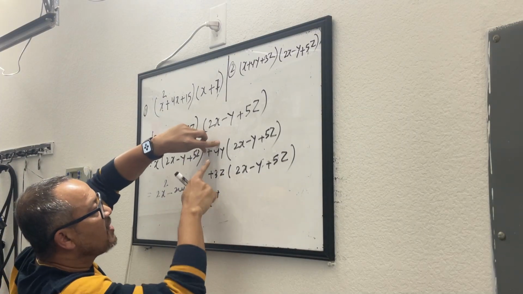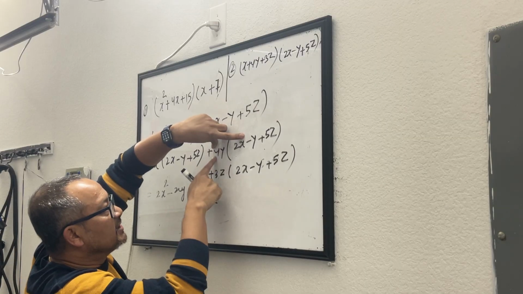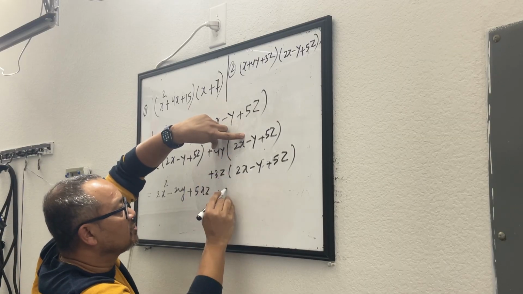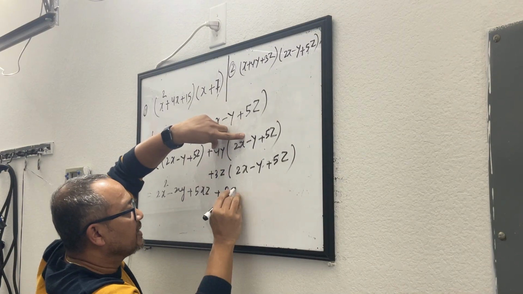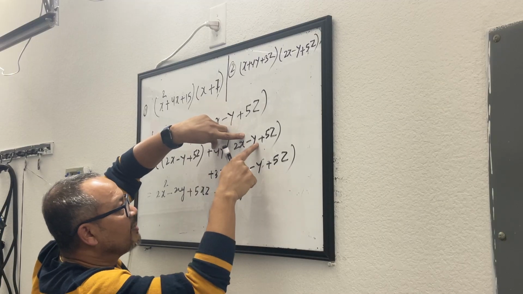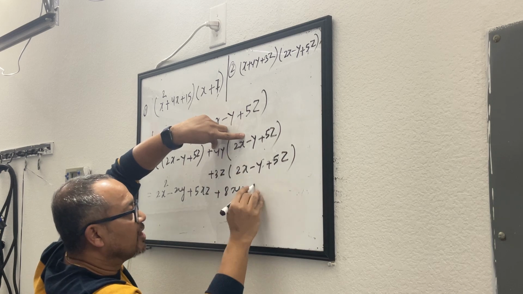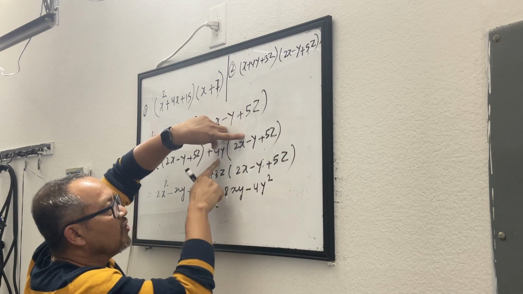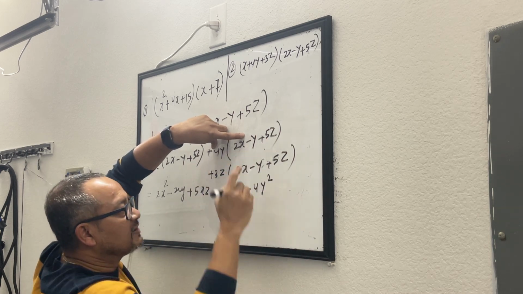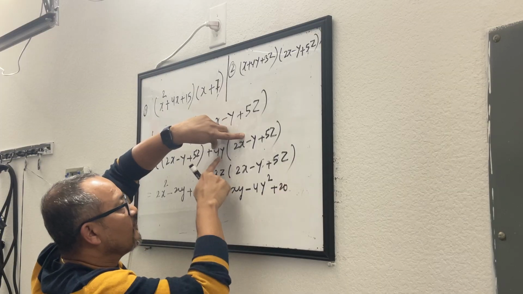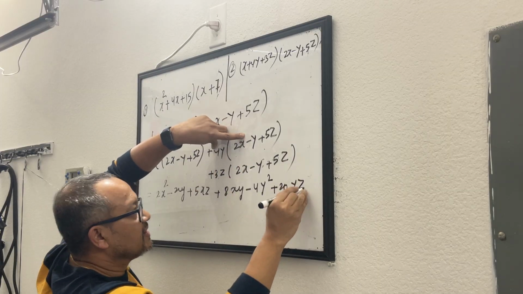I am coming here, 4y into 2x, numbers multiplied together, 4 into 2 is 8xy. 4y into minus y, plus sign, minus sign, gives me a minus sign, 4y square. 4y into 5z, 4 into 5 is 20, y into z, yz.